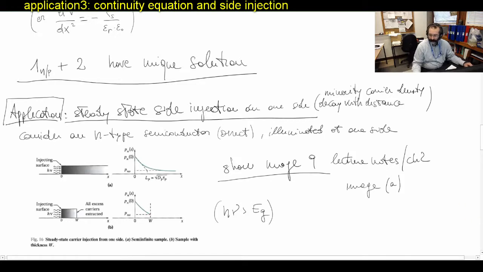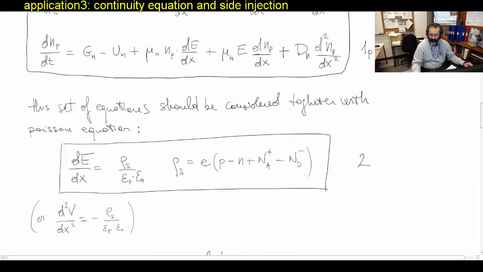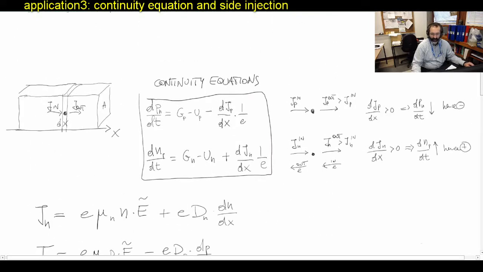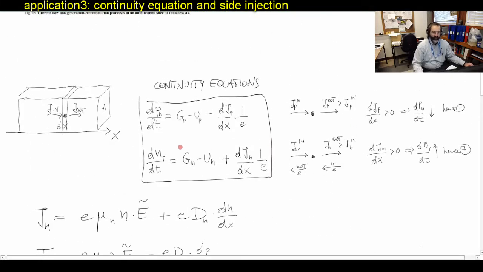So if you remember, the continuity equations that we discussed for semiconductors are those here. And these are related to the minority carriers. So this is for the case of an N-type semiconductor, and this is for a P-type semiconductor. So the continuity equations for the minority carriers.